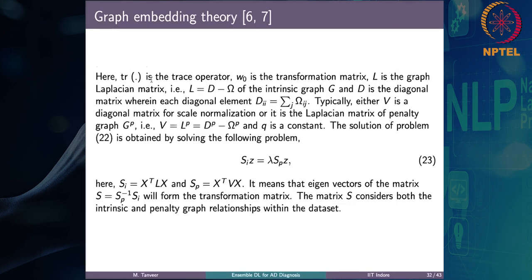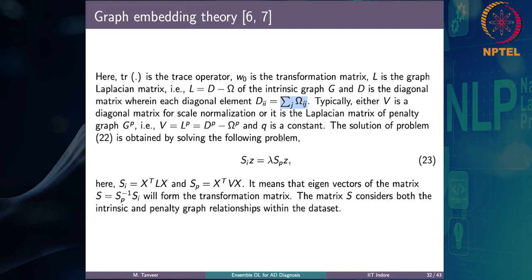This TR is a trace operator, and W0 is a transformation matrix, and L is the graph Laplacian matrix, and L is of the intrinsic graph G, and D is the diagonal matrix, where each diagonal element Di can be represented like this. So typically, either V is a diagonal matrix for a scale normalization, or it is the Laplacian matrix of the penalty graph GP, and V is equal to LP. LP is DP minus sigma P, and Q is a constant.